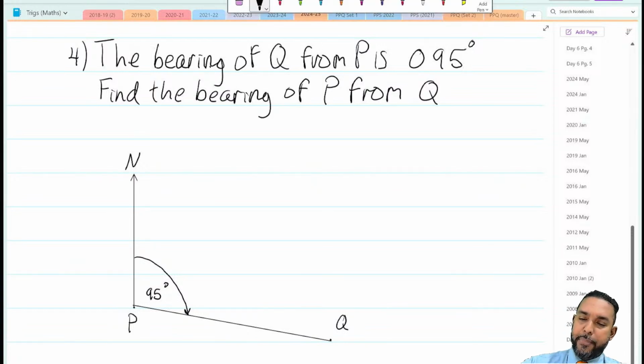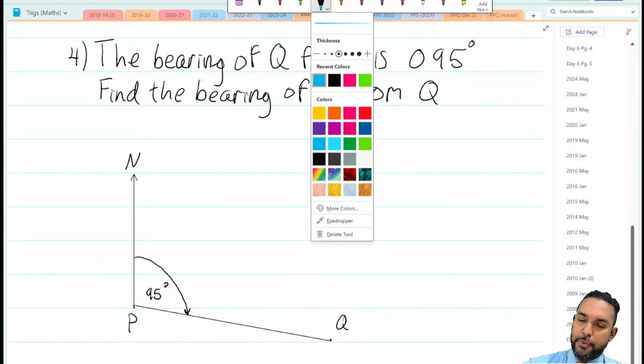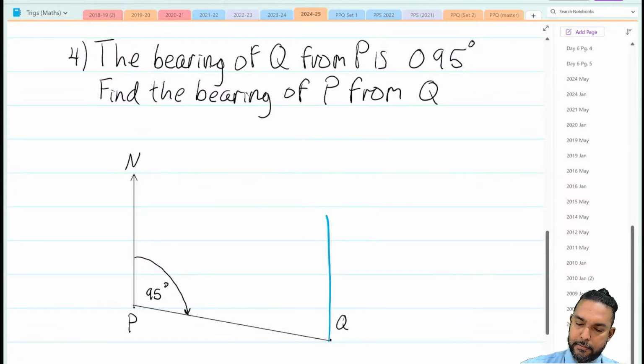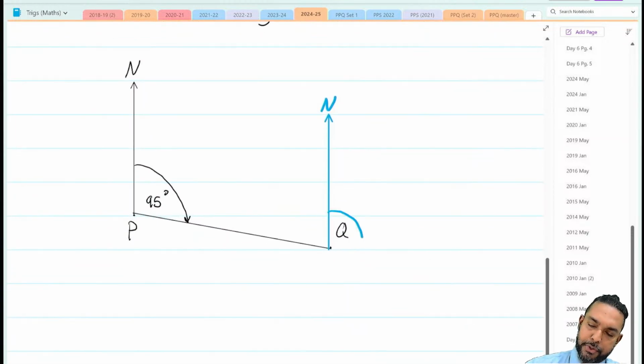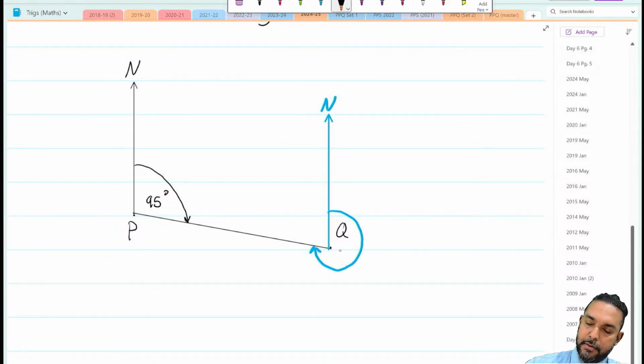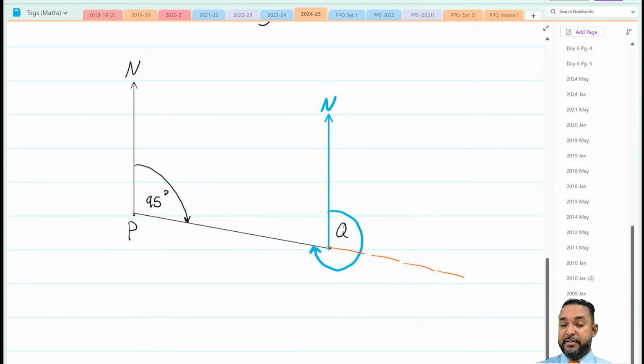What we want is the bearing of P from Q. So let's put a north line at Q. We'll show the angle we want, which is that angle there. Now we extend the line joining them, which cuts it into two pieces.